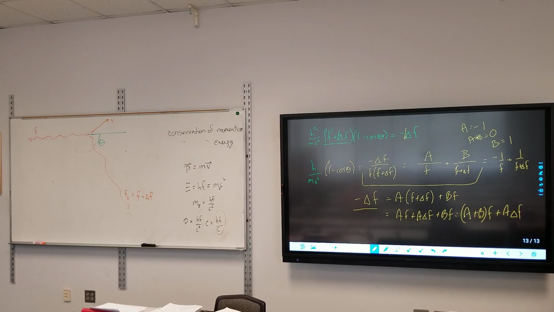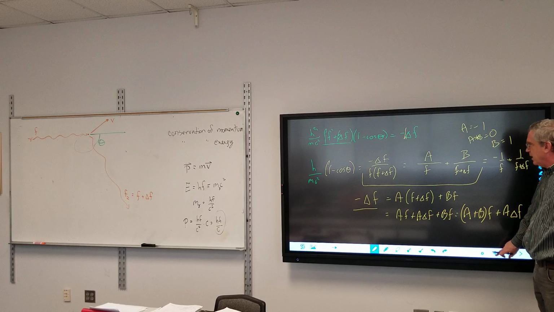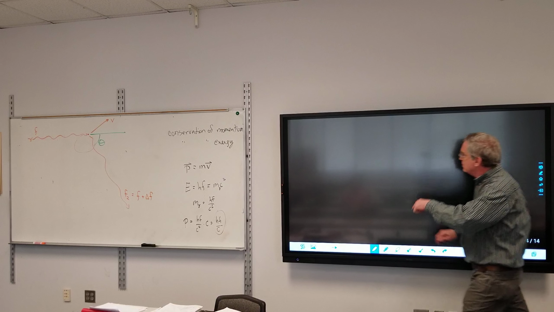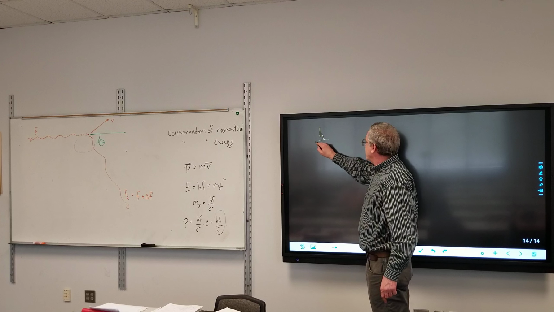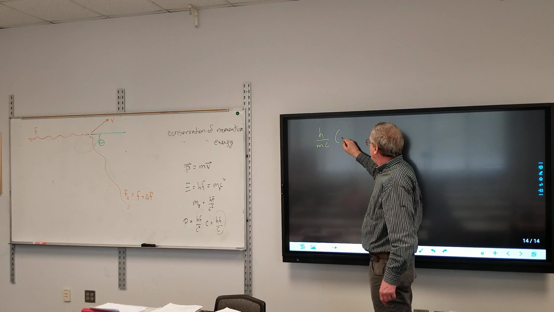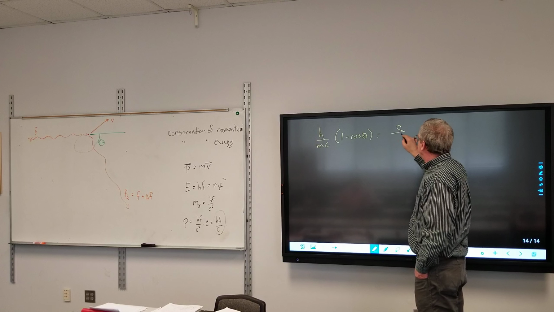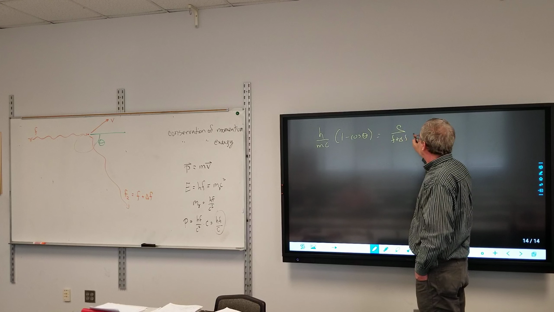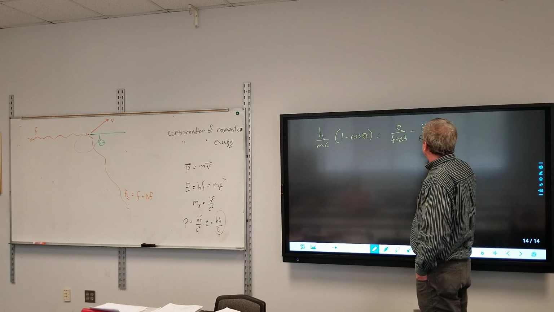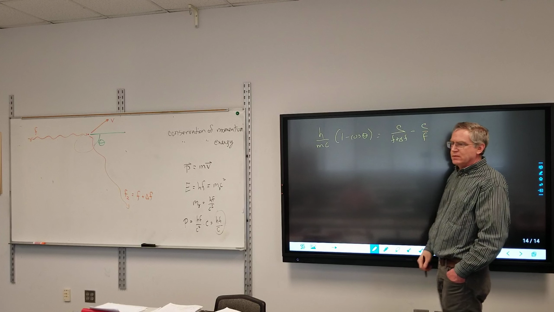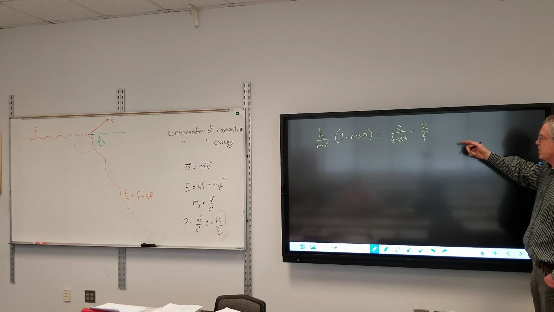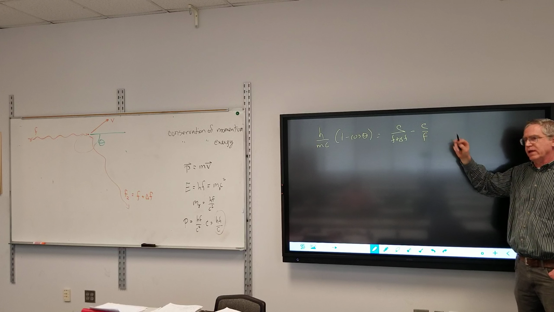Taking that next step, if I multiply both sides by c, the speed of light, I get h over mc, 1 minus cosine theta, is equal to c over f plus delta f minus c over f. I switched the order in which I wrote it because the f was negative.